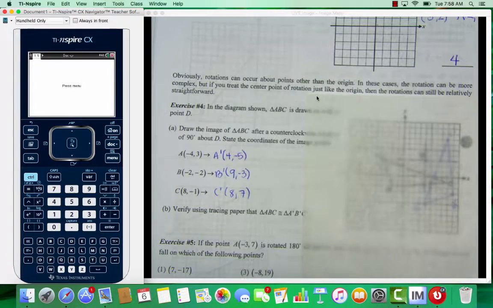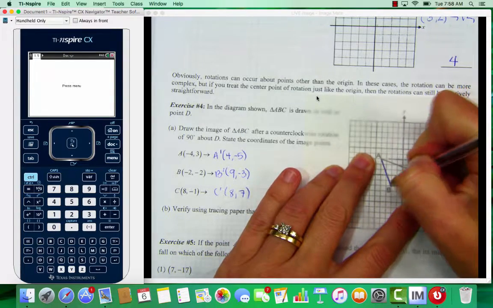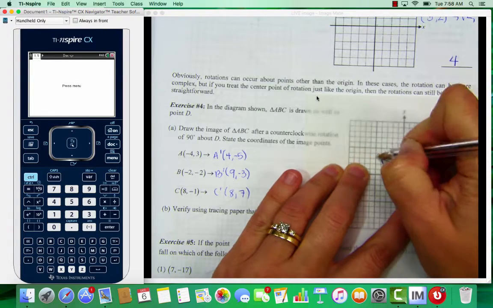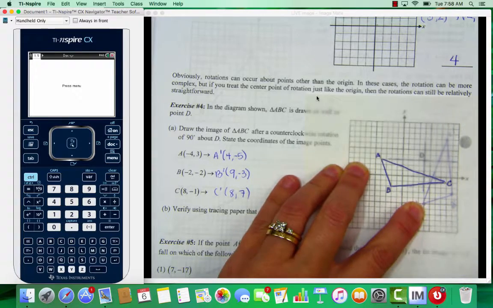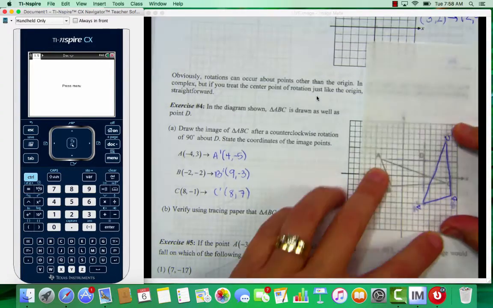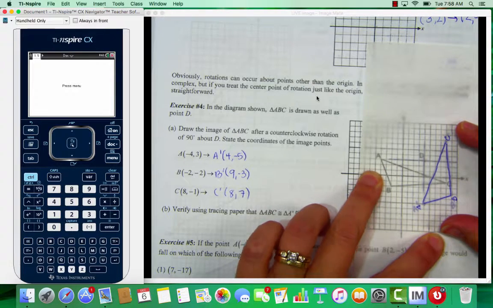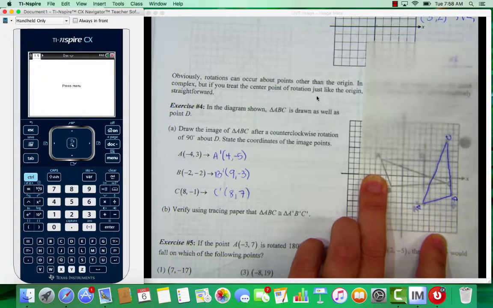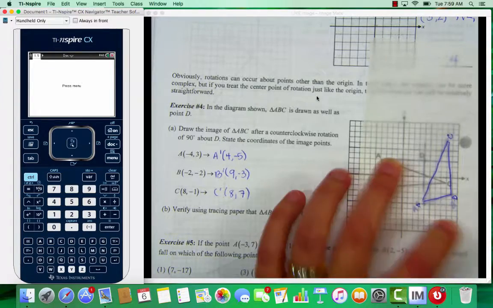What they're looking for here is if you take a piece of tracing paper and you trace over triangle ABC, you should be able to then take your tracing paper and turn it so that it fits completely on top of triangle A prime, B prime, C prime. And that's how you know that you did your rotation at least correctly, because you have the same shape and the same size, so it creates a rigid motion.